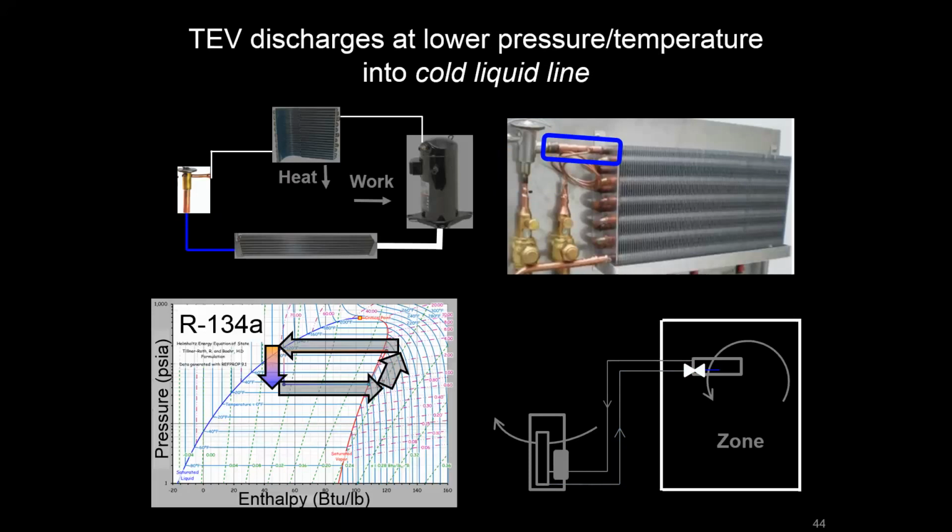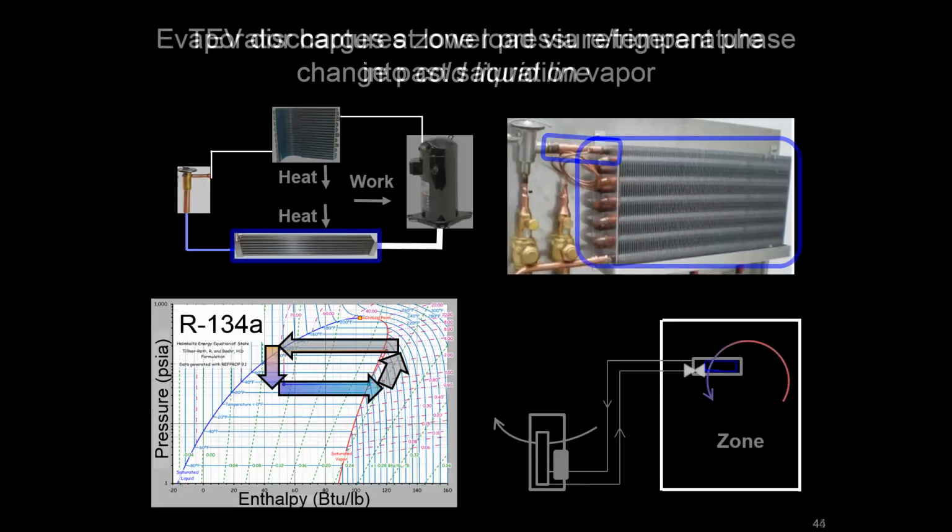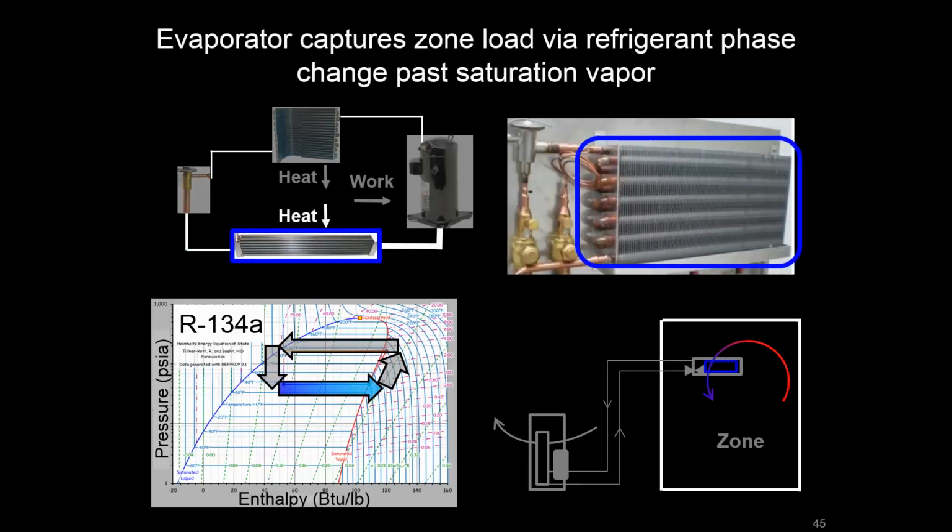So now there's a small line where the expansion valve is discharging into the cold liquid line. It's going to go right into the evaporator. The evaporator is another coil, and in this case it can be considered a liquid to air indirect heat exchanger, and that's what's going to suck up the heat from the zone or from the space, typically with a fan, again to help with the CFM and help the heat exchange.